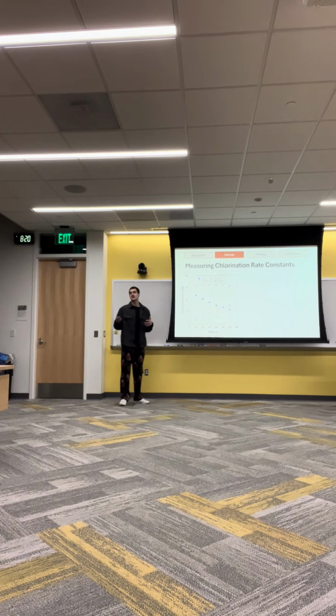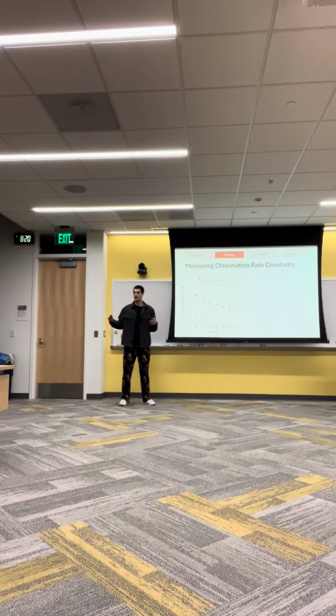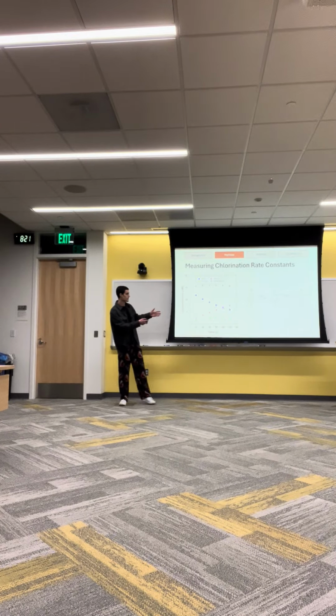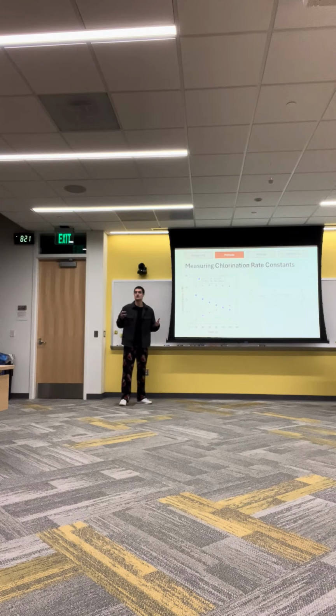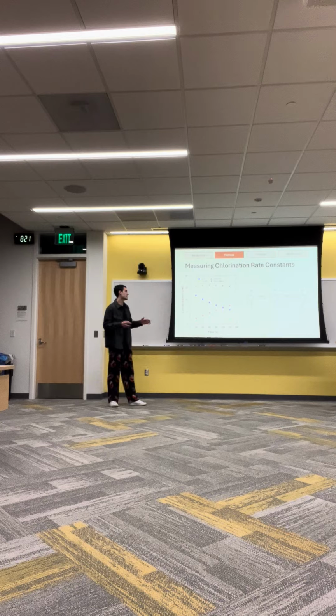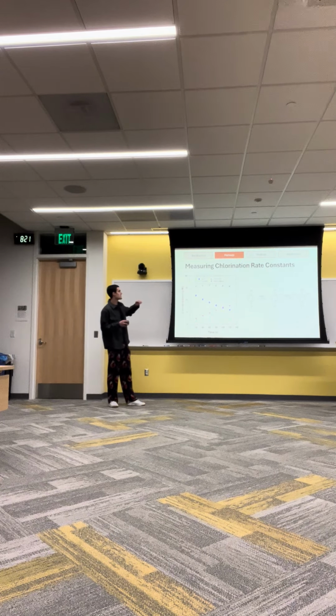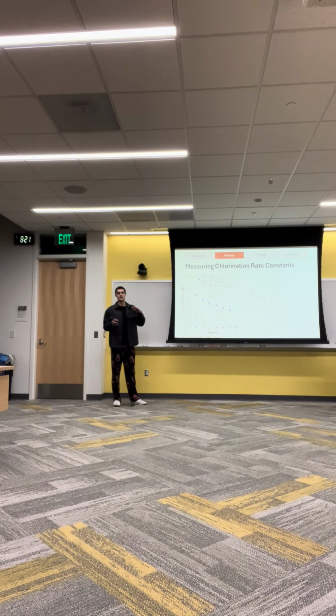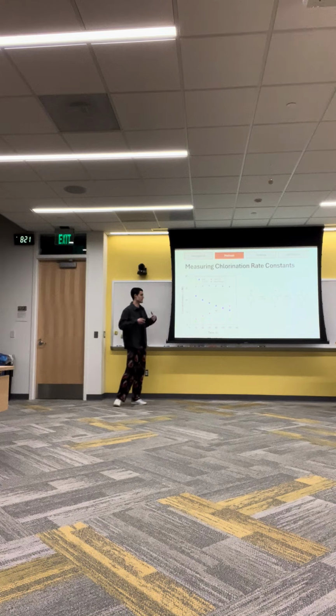But since this data is collected in a reactor that was set at pseudo first order, we are able to graph, sorry, I didn't introduce the reaction. This reaction is 4-chlorophenol becoming chlorinated to 2,4-dichlorophenol and 2,4,6-trichlorophenol. But that's not as important right now, but just showing the reaction that's occurring here. The parent compound is 4-chlorophenol, and that's what we're looking for, the decay, to show the reaction rate.